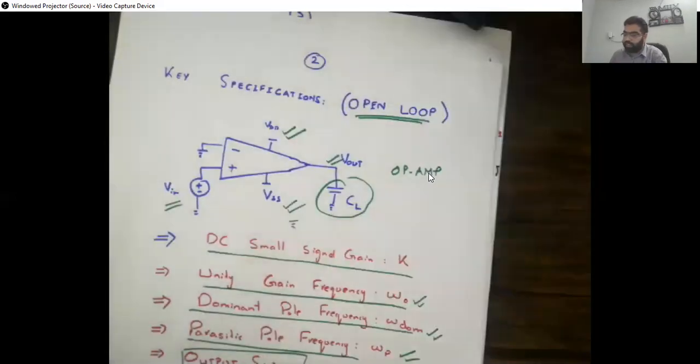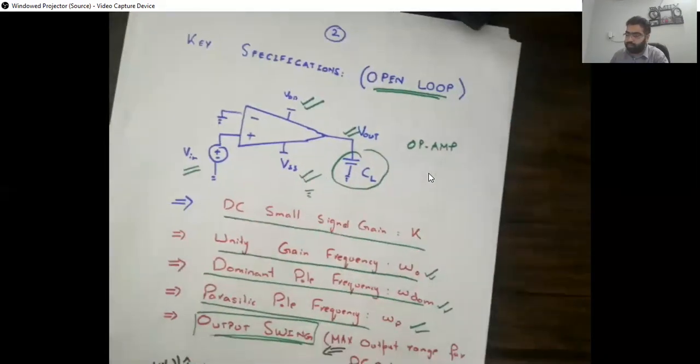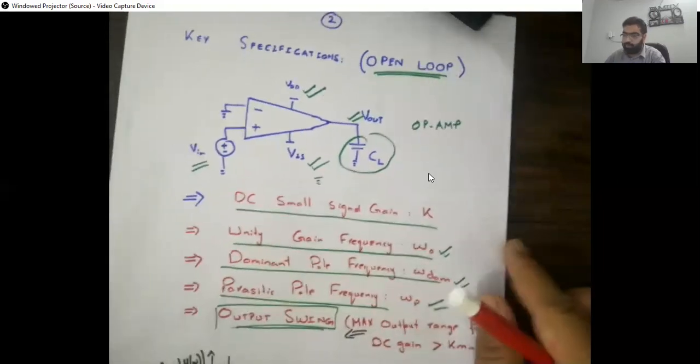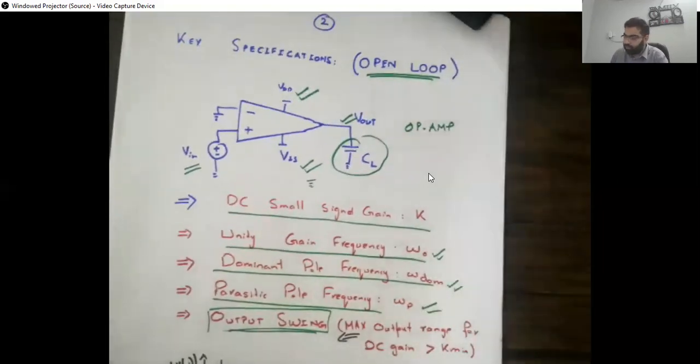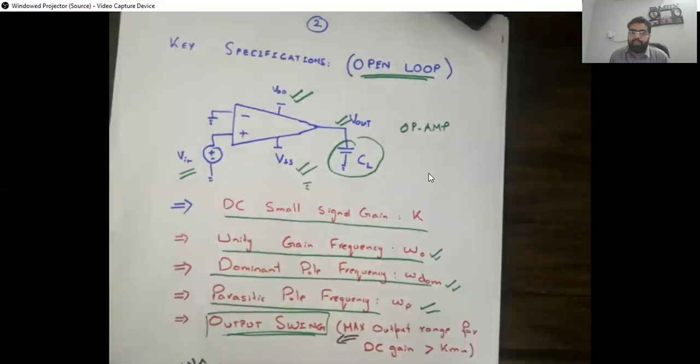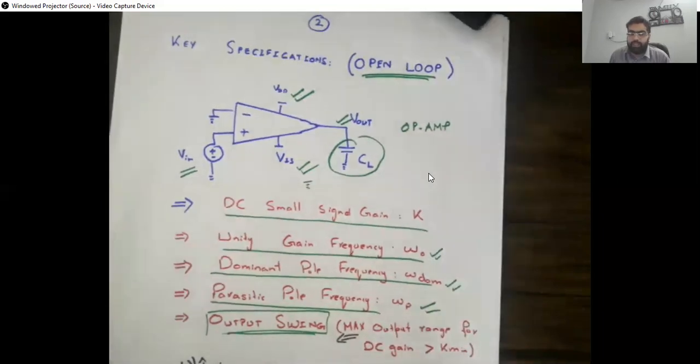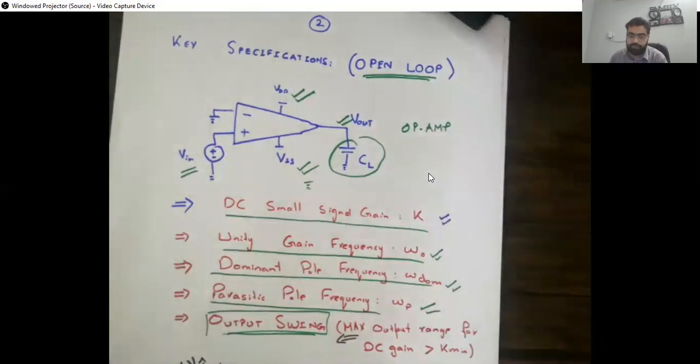We started seeing what the key specifications are, based on which we can decide our op-amp. We have some open loop specifications and some closed loop specifications. In open loop, we have DC gain, which we are all familiar with now, how to find for any stage, and which we are going to do for a basic two-stage today.